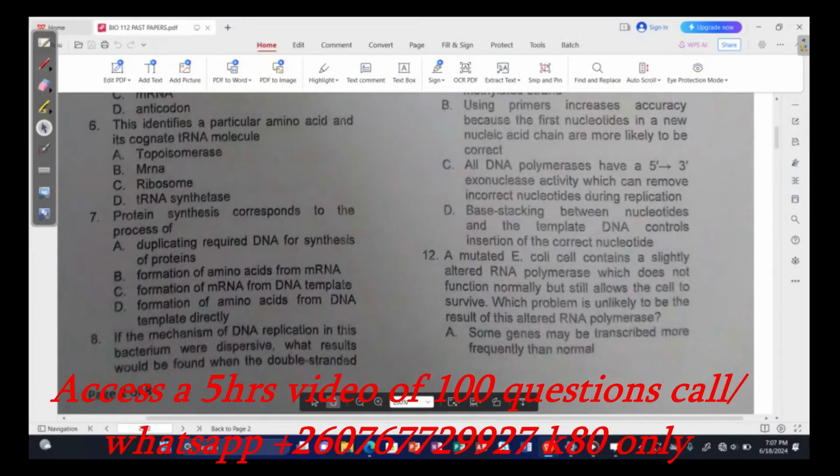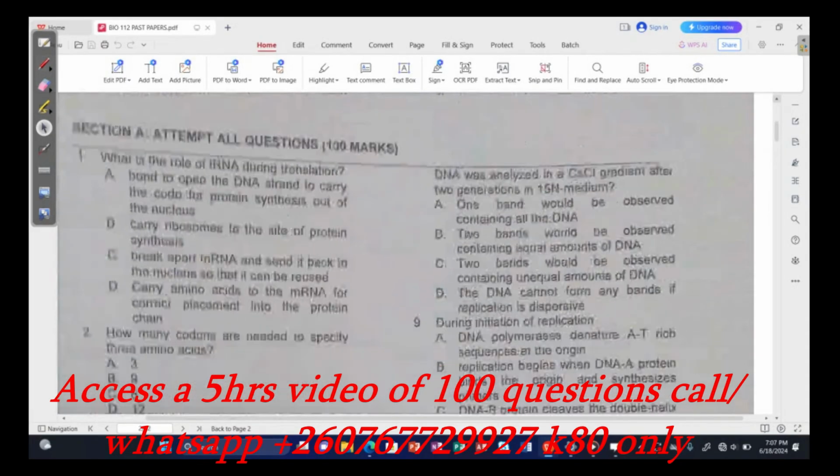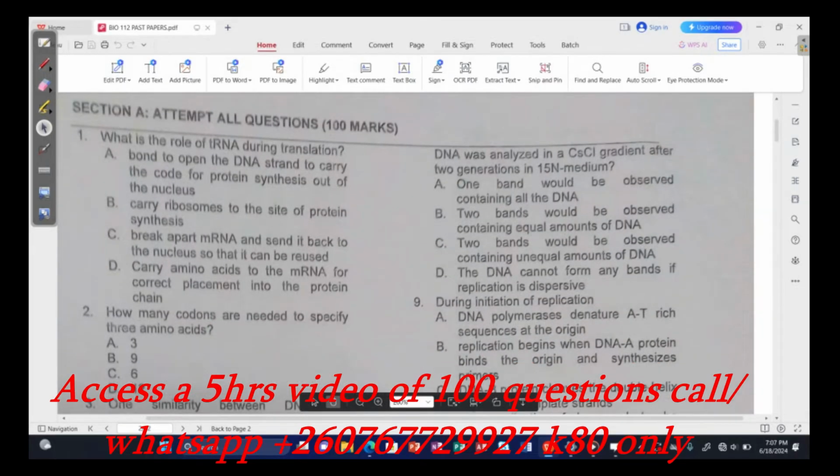Then we have question 8. Question 8 reads, if the mechanism of DNA replication in this bacterium were dispersive, what results would be found when the double-stranded DNA was analyzed in the cesium chloride gradient after 2 generations in the medium which contains nitrogen 15, heavy nitrogen.